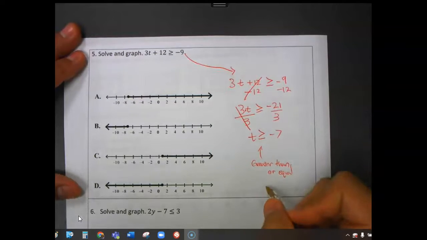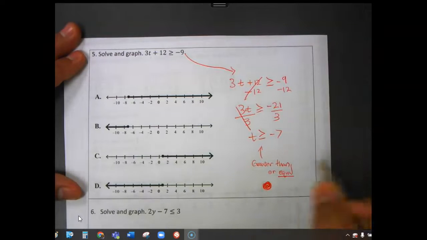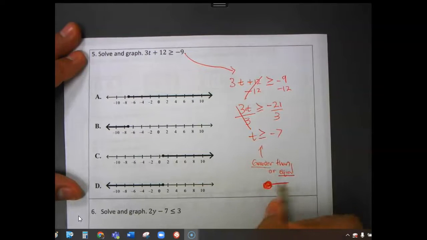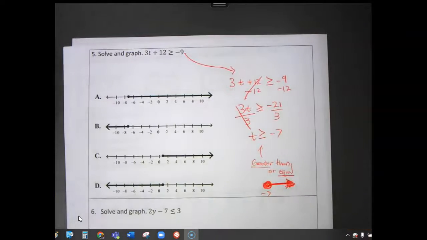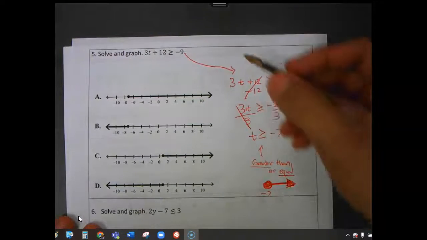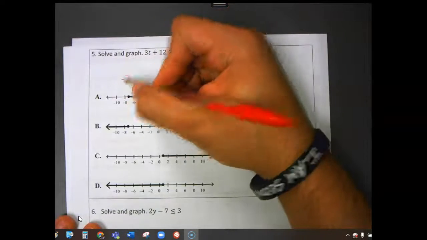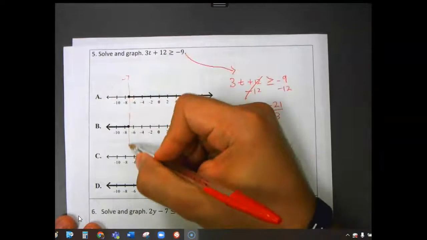Now that means the circle, since it's equal, is going to be shaded in, and greater means it's going to go to the right, the greater numbers, starting at -7. So let's find -7. Okay, -7 is over here, all the way down.